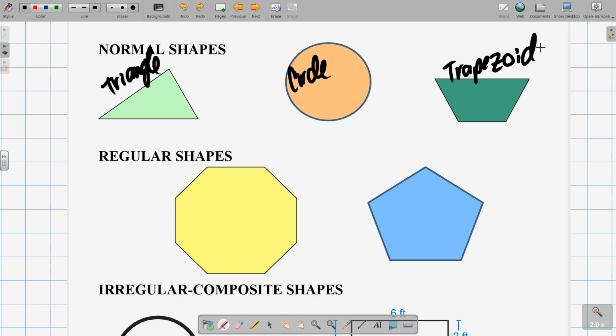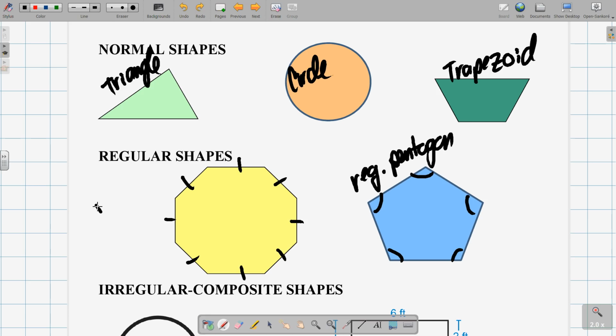Then you have your regular shapes, which are a type of normal shapes, where all sides and angles are equal. So, for example, we have a regular pentagon, regular octagon.